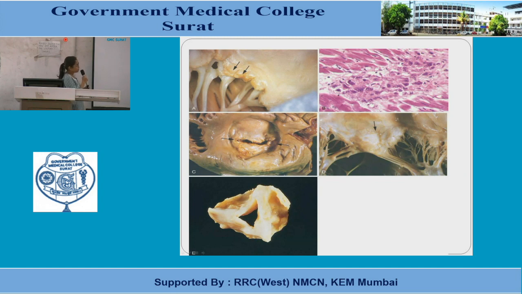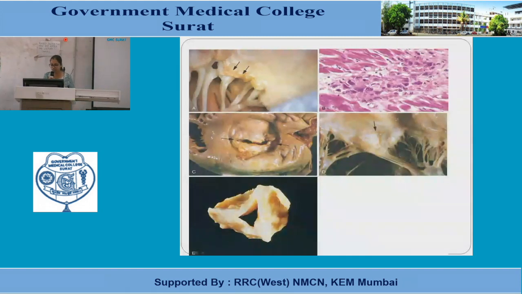In figure C, you can see the mitral valve. In this there is a thickening of the leaflet of the mitral valve along with commissural fusion as well as calcification of this valve, giving rise to the characteristic fish mouth or buttonhole stenosis of the mitral valve.